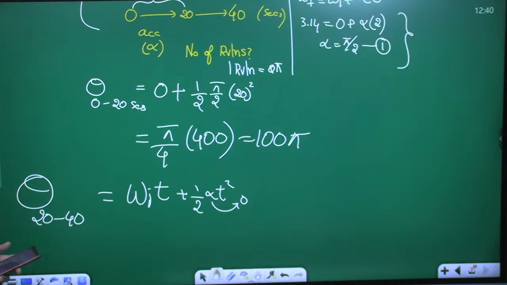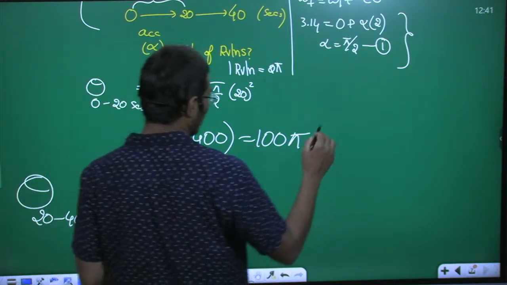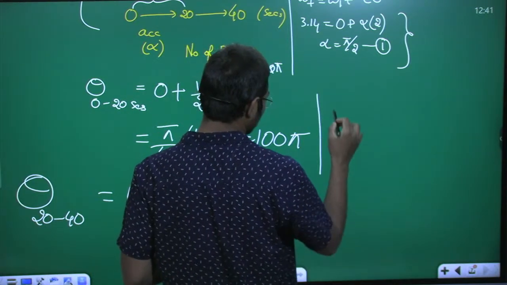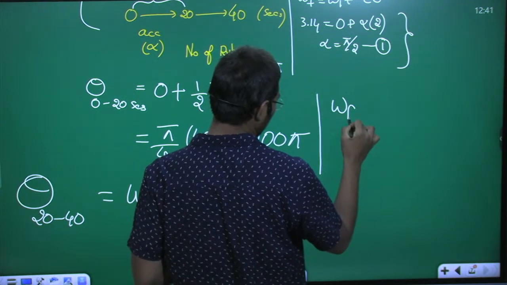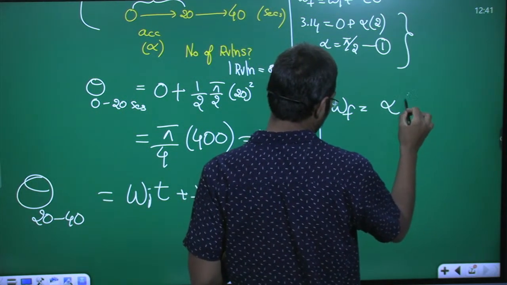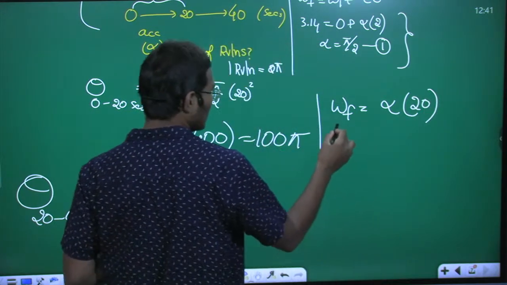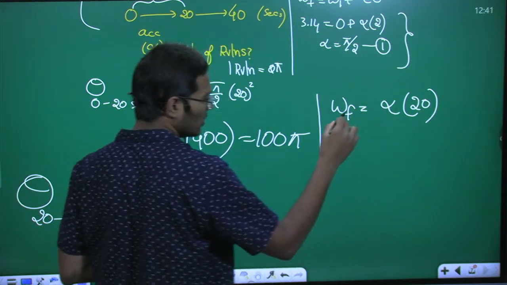So we need to find omega after 20 seconds. Omega final is equal to omega initial, which is 0, plus alpha t.